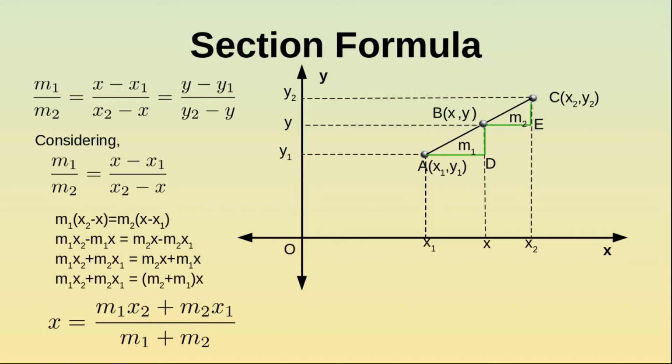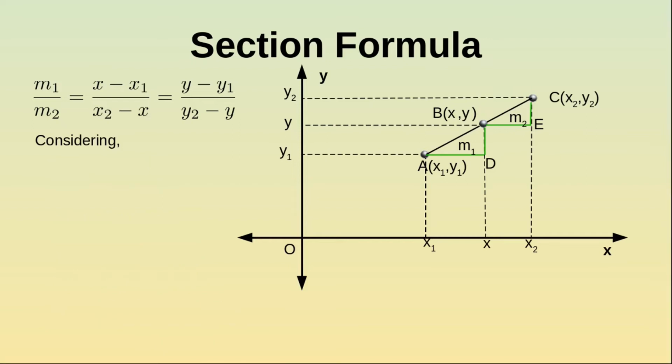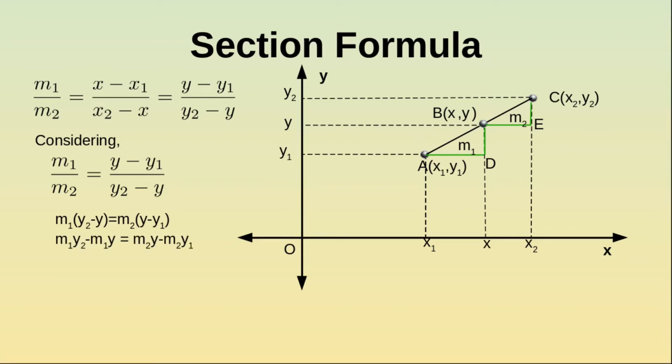Now, we can do a similar thing for y. Considering the first and the third term, we have M1 by M2 is equal to (y minus y1) divided by (y2 minus y). Now we will solve this for y, and on simplification we get M1 y2 minus M1 y is equal to M2 y minus M2 y1.